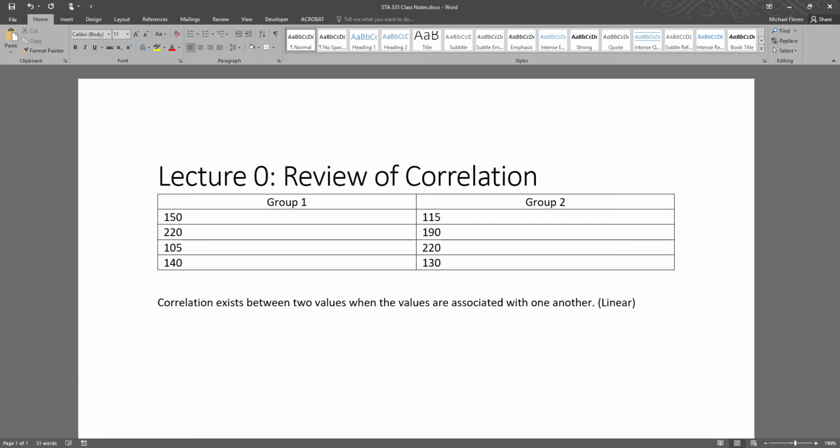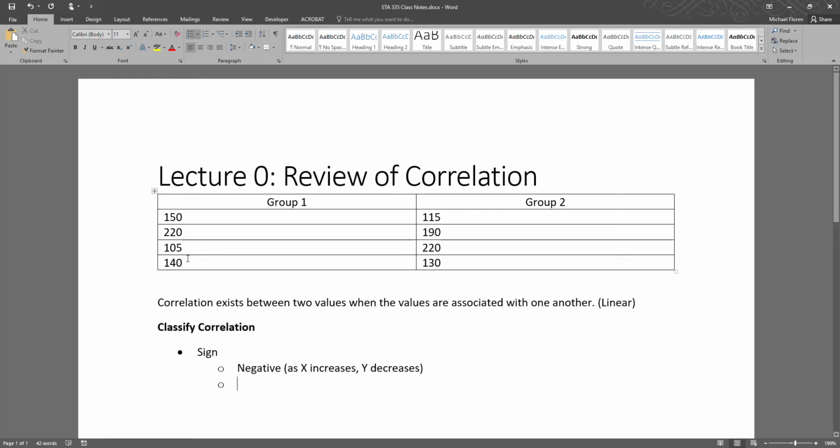There are a couple of different ways that we can classify correlations. First, we can look at whether it has a positive or negative sign in the correlation. A negative sign would imply that as x increases, or as the first continuous variable increases, the second continuous variable decreases.